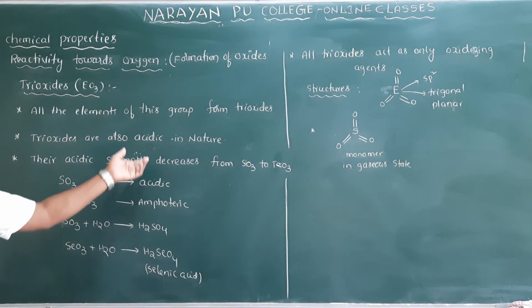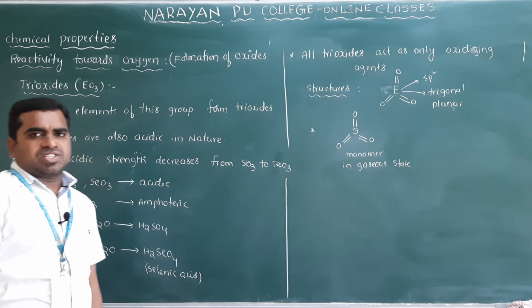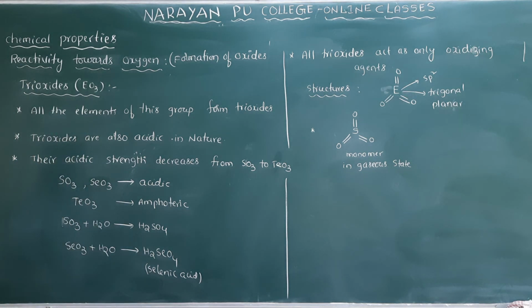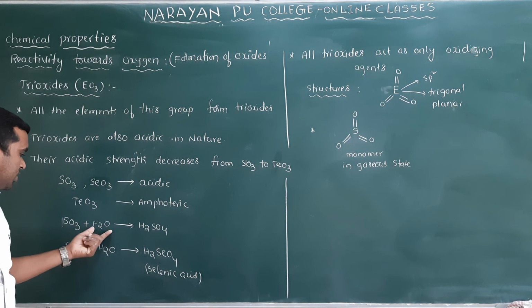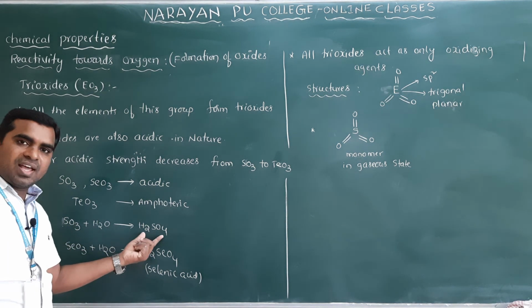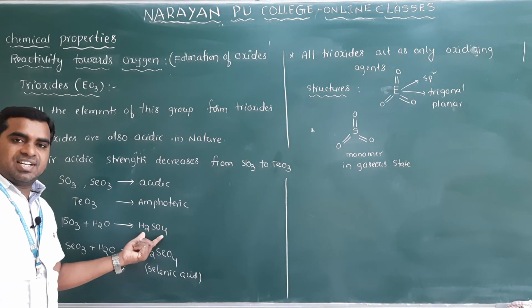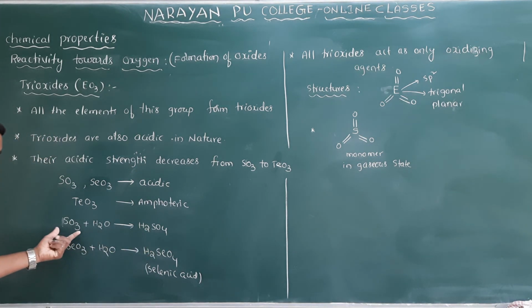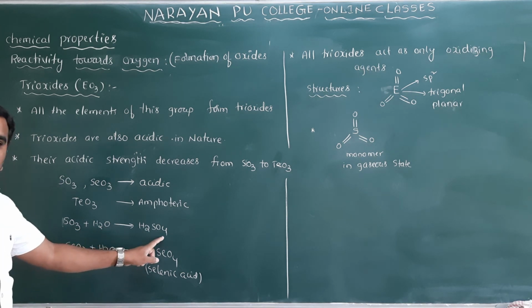That we have not written because that is a highly unstable compound. Clear ma? So acidic means when you add water, previously you got SO2 plus H2O, sulfurous acid H2SO3, but here SO3 plus H2O gives H2SO4 sulfuric acid.